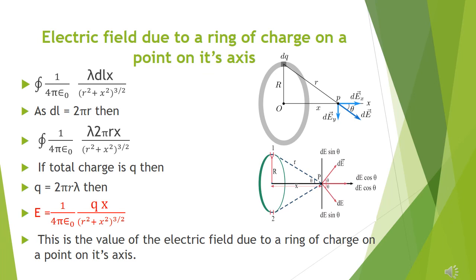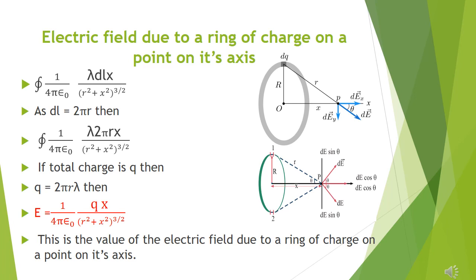Now the value of the closed integral of dl is equal to 2 pi r, which is the circumference of the circle. So it becomes 1 upon 4 pi epsilon naught lambda 2 pi r x upon (r square plus x square) to the power 3 by 2. If the total charge is q, then q equals 2 pi r lambda.